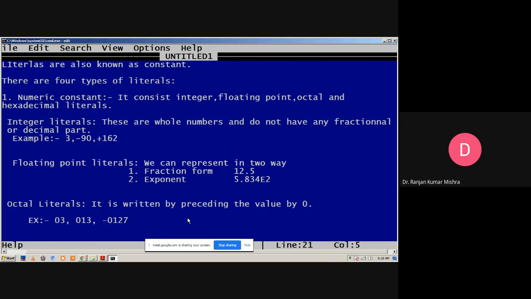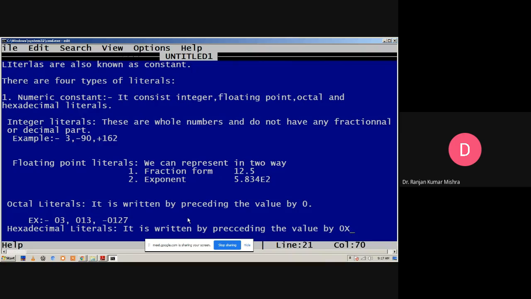Now we discuss the hexadecimal literals. It is also an integer, but it is preceded by 0 and x.